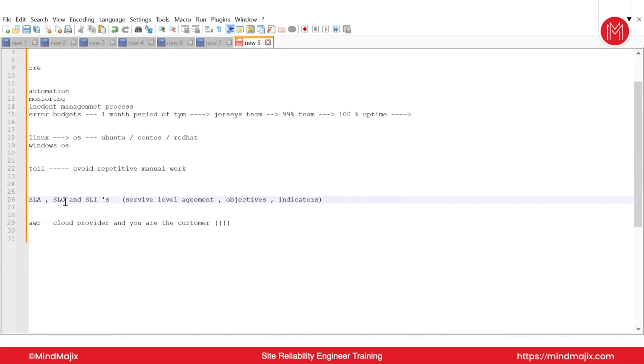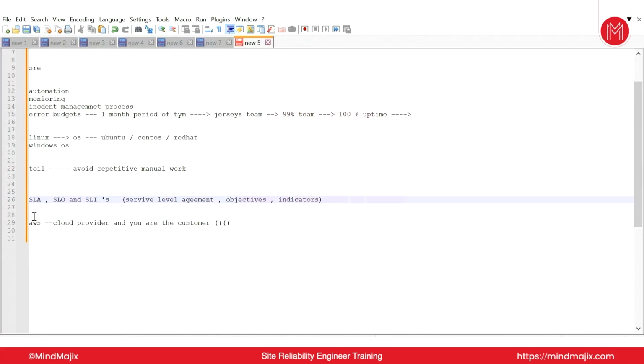Got it. The next thing is SLO. SLO is the objective. We will take the same cloud hosting example with AWS. SLO is just the quantifiable target.